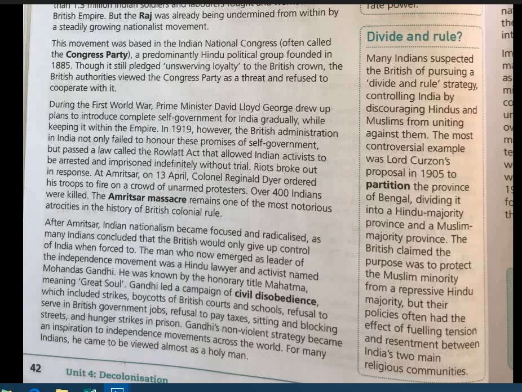And because of this, we have a leader that steps up, Mahatma Gandhi, and he's very famous because of his non-violent strategies to try to get India independence. Now, we're looking at India today, but next week we will be looking at what happens in America, and it's a similar style where we've got protesters fighting in non-violent ways to try and get freedom and independence.